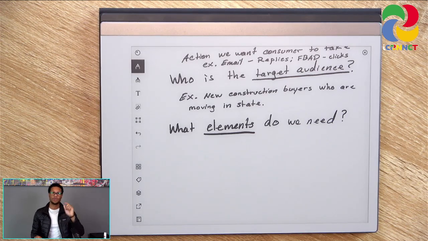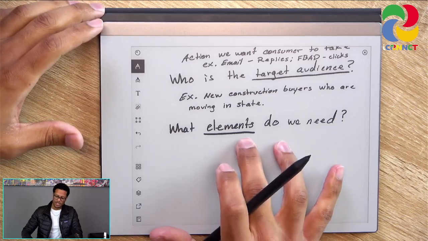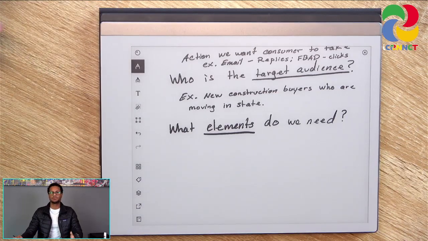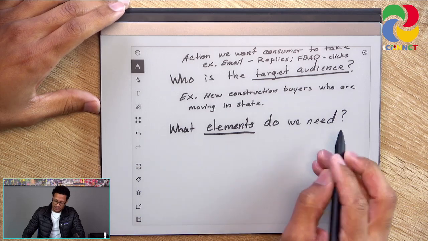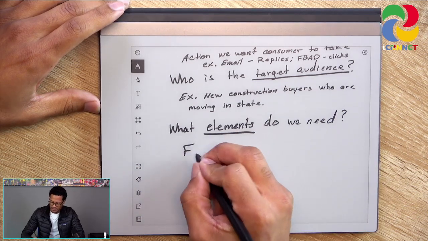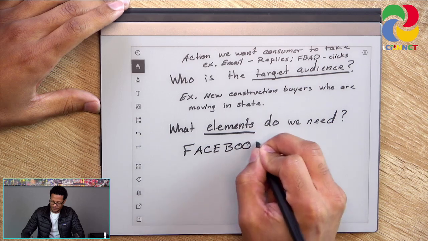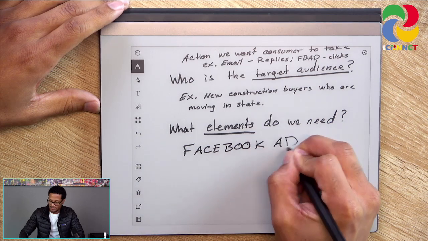And so we know who we're targeting, and we know what platform we're going to do it on. And so now, what are the elements that I need in order to get in front of this individual? For Facebook ads, obviously, since we're doing it on Facebook, I am going to need the Facebook ad, right? So I'm going to try to make this as big as possible for you all. I'm going to need the Facebook ad.